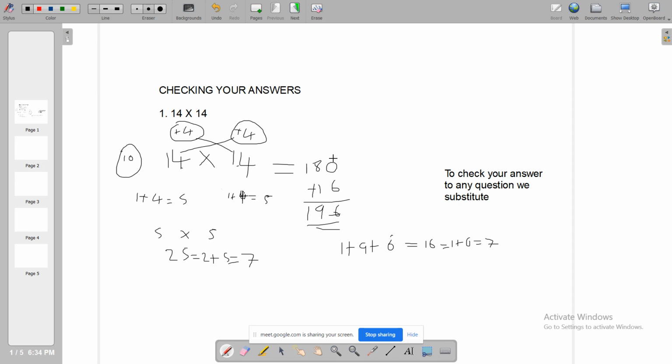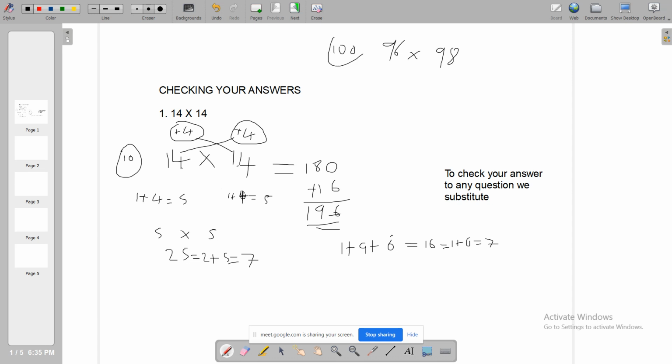Let me write at the top, while they are also copying. So now I have the number 96 times 98. We need to find the answer to this question, and then we have to prove our answer. To do that, we are dealing with 100.